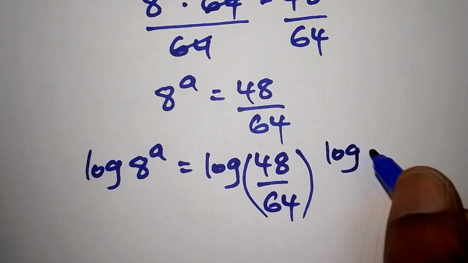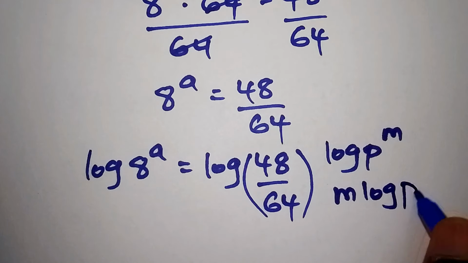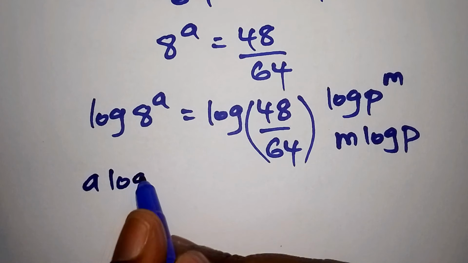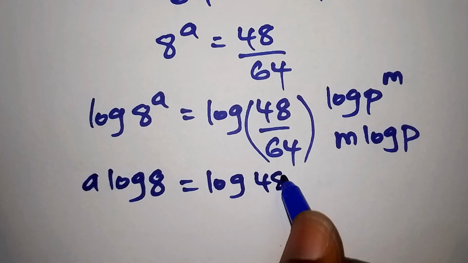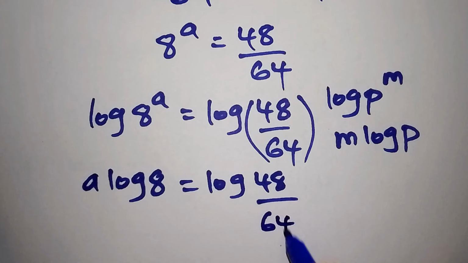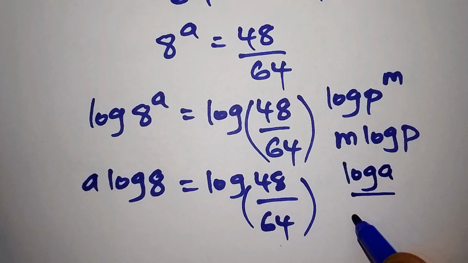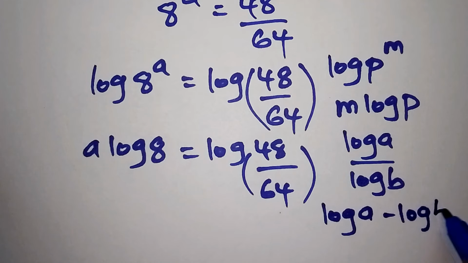Assuming that we have the log of p to the power of m, this can be written as m times the log of p. So here we have a times the log of 8, which is equal to the log of 48 over 64. When we have the log of a over b, according to the law of logarithms, we can rewrite it as the log of a minus the log of b.